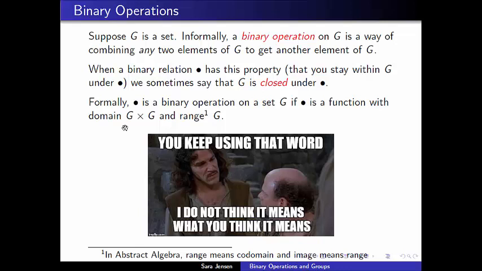Whereas range in set theory often means the set of actual outcomes of a function, I'm going to call that the image. And the set of theoretical outputs of a function, I'm going to call the range. So we need to be clear on that just so that we understand this definition of a binary operation.